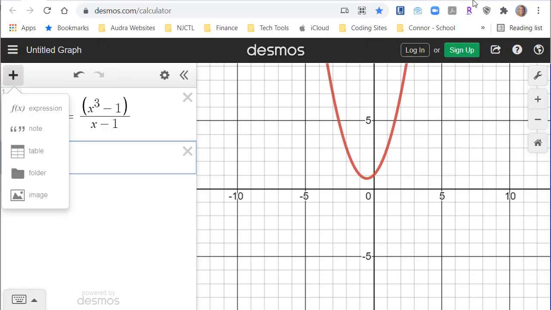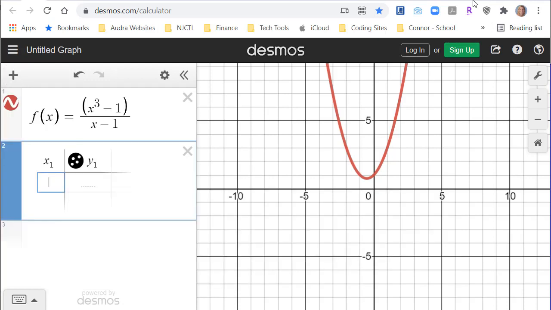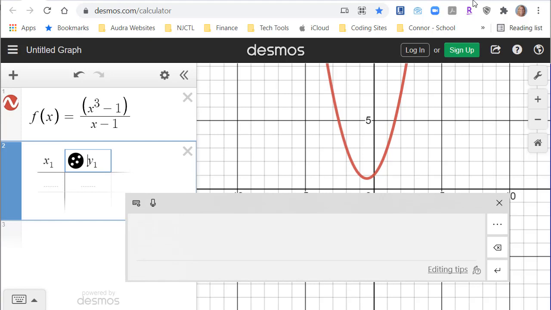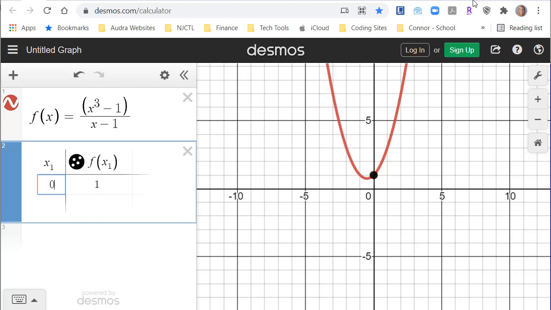And I'm going to use Desmos, and we're going to add a table. And for y1, I want to make it f of x1, so that whenever we put the x value in there, it's going to give us our function value. All right, so our first one that we had in that table was 9/10.